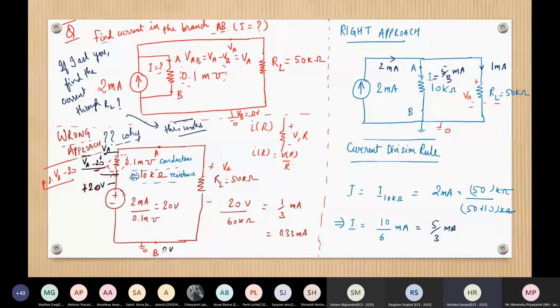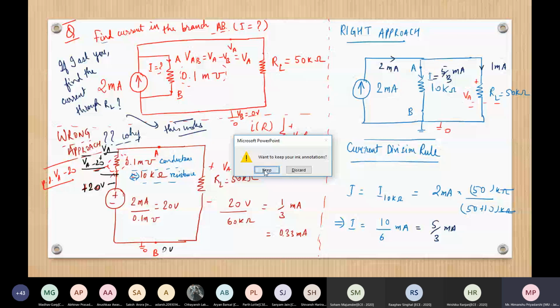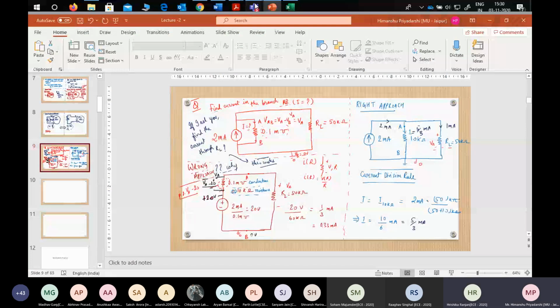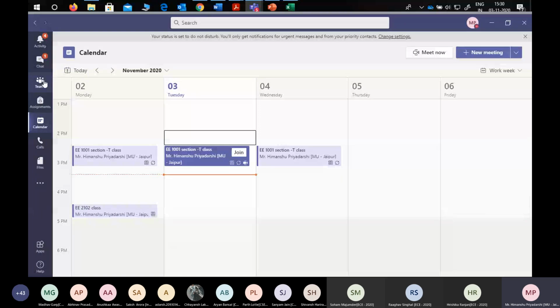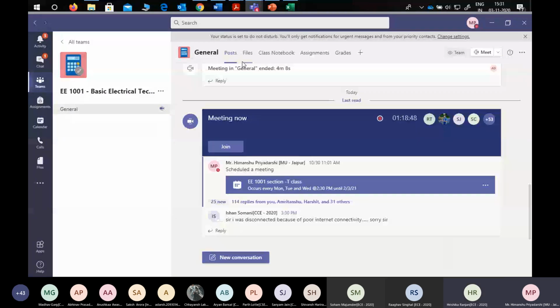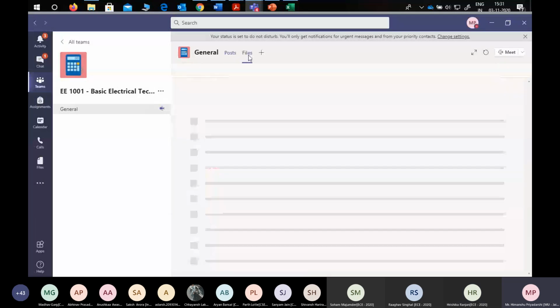I have a question. Sir, where are the notes available for today's session? Have you explored the notes section yesterday? No, sir. Okay, so just go to your Microsoft Teams. This is your team, right? With the calculator icon. Go to Files.